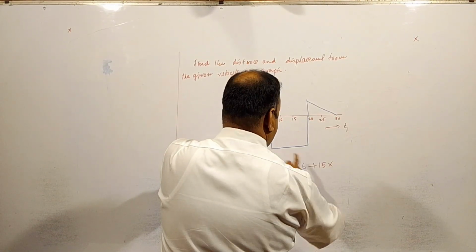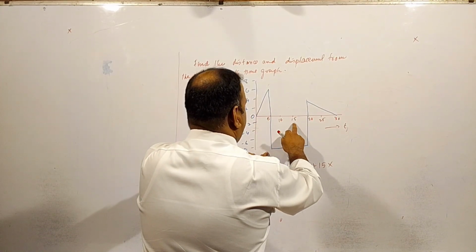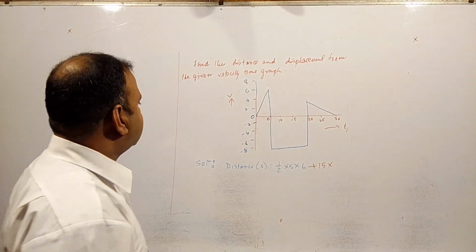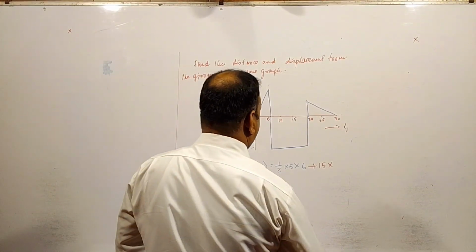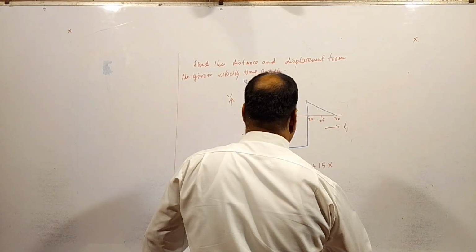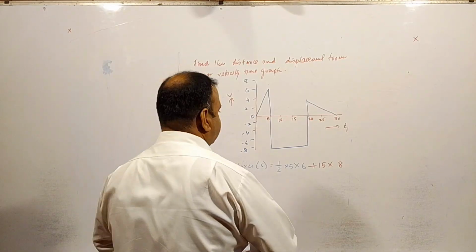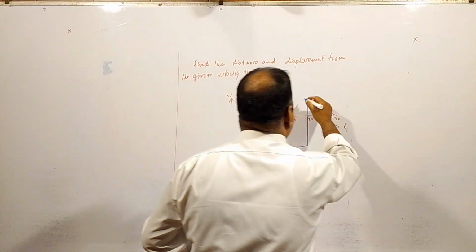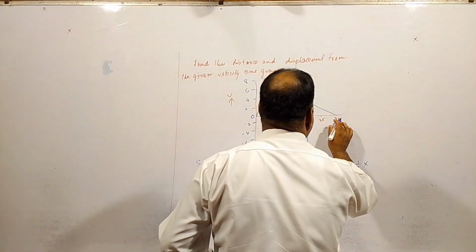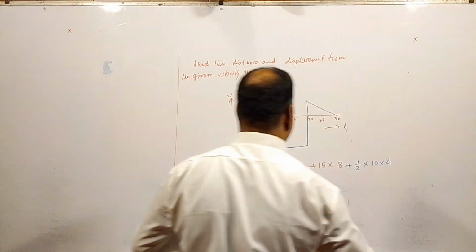Length is 20 minus 5, which is 15, and it is going down to 8. Each unit is 5, so length is 15 and downward it is 8. Next plus a triangle, half into base into height; base is 10 and height is 4.